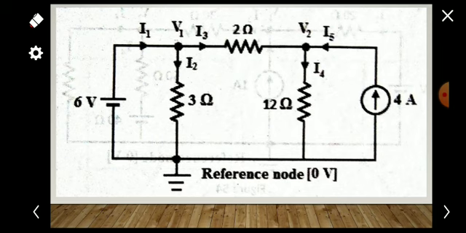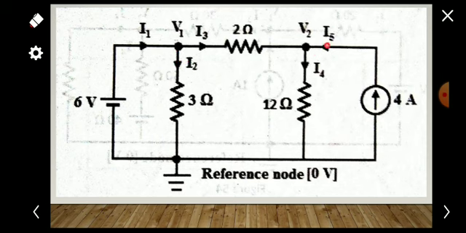After assuming the node voltages, the next step is to assign the current direction in each node. Here, this is the first node, and we are assuming that I1 is approaching it, and I2 and I3 are leaving the node.